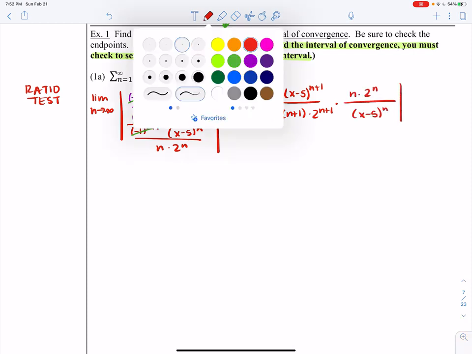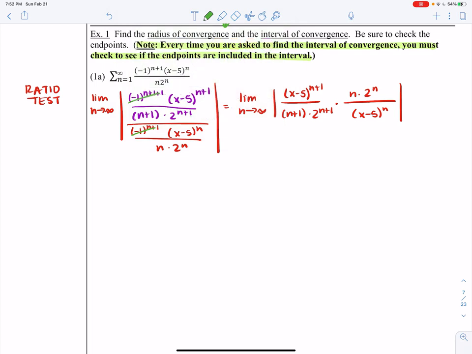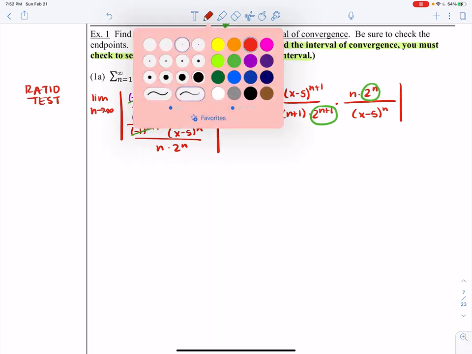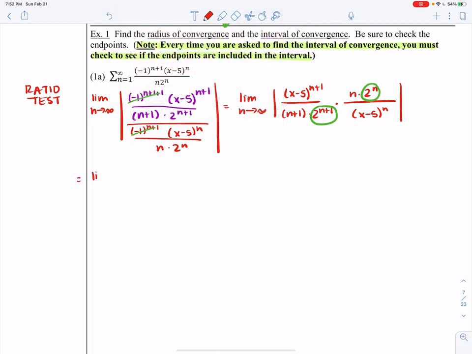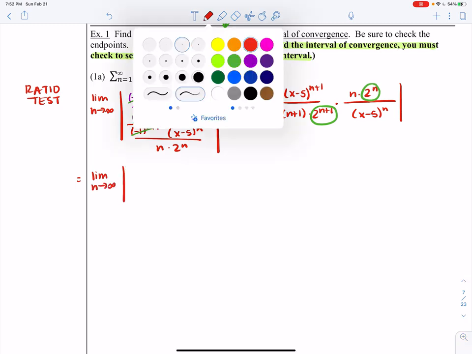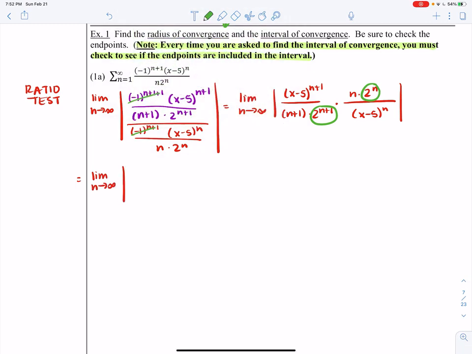Now I want you to go piece by piece here and deal with each of the things. This 2 to the n and 2 to the n plus 1, we can actually simplify. We're linking our work with equal signs. Remember that when you have the same base and they're divided, we subtract.